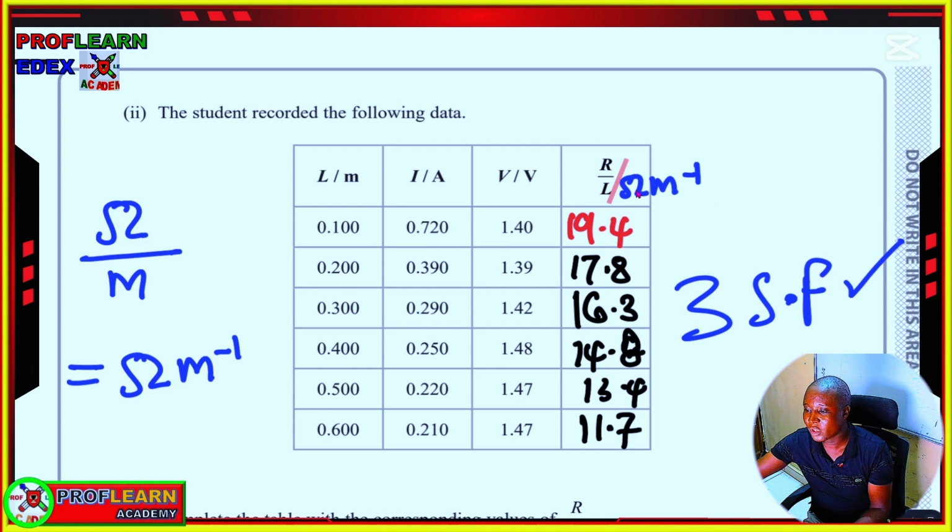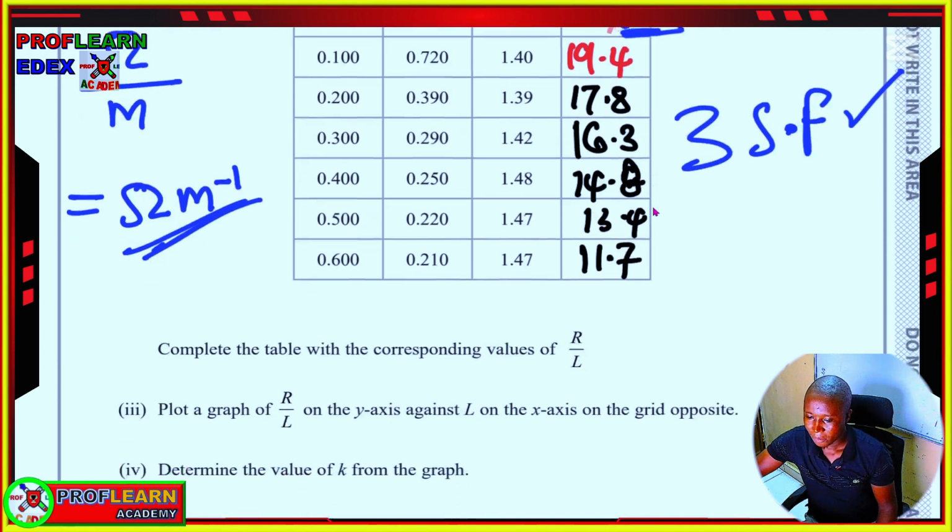Also, the unit must be indicated on the values you have calculated. Most of the time, there is a mark attached to that. Because resistance over length is ohm over meter, that becomes ohm meter negative 1, and that is the unit we have at that point.